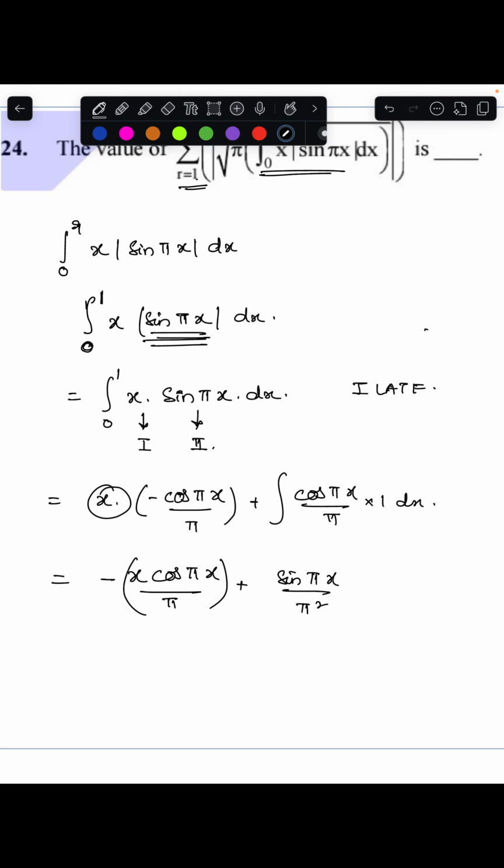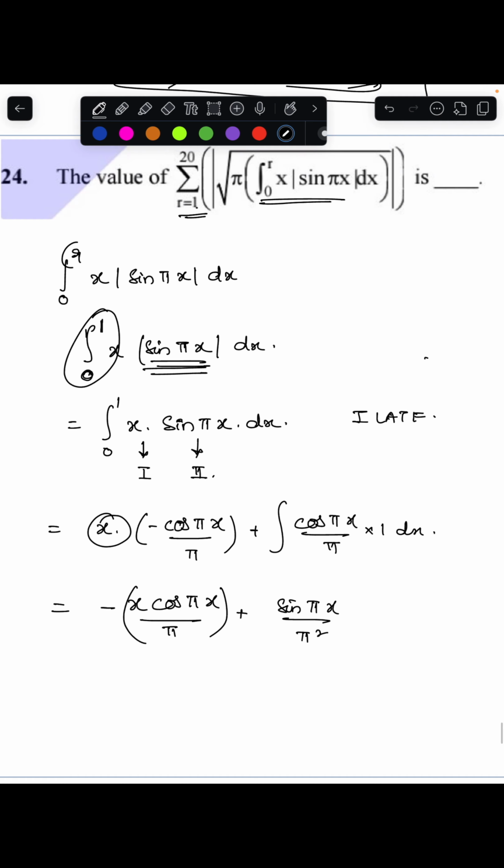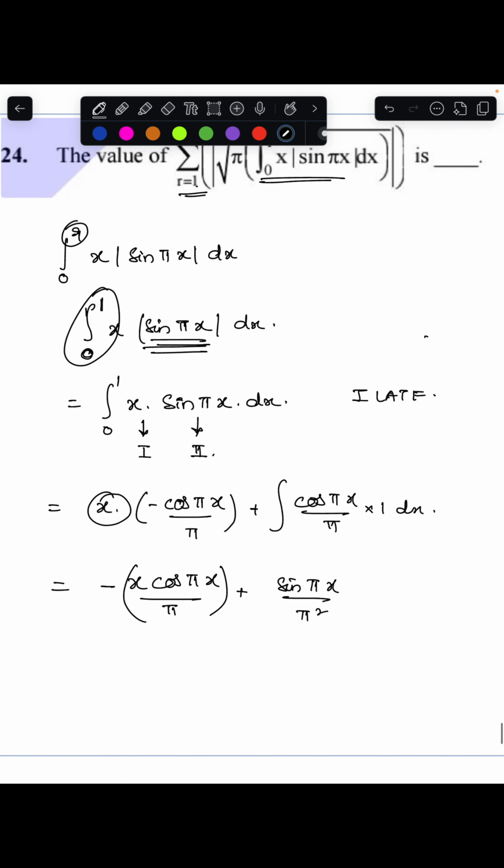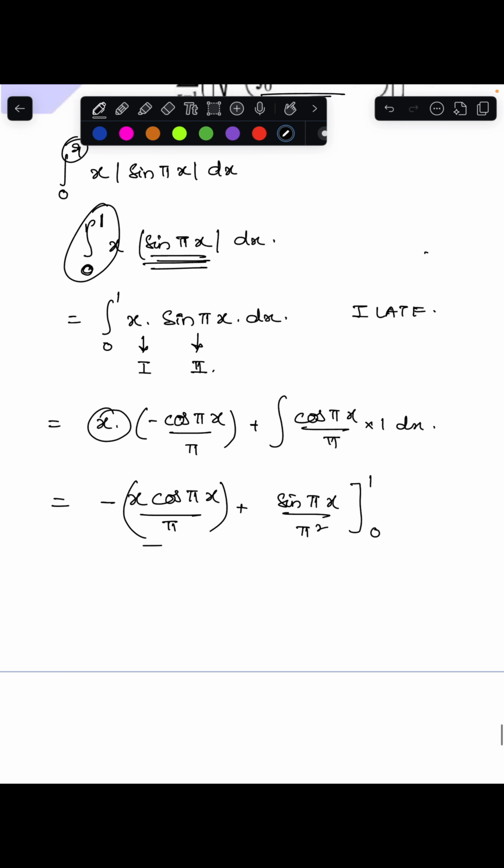Now, the same integration will be coming in the other terms also, but the only thing is the limits will change. If I take r equals 1, it will be 0 to 1. If I take r equals 2, it is 0 to 2, like that. So just remember this integration, and I am applying limits 1 to 0 now for the first term, right?